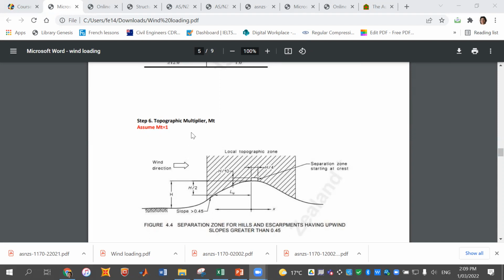So what I suggest is to just ignore the whole calculation and assume MT as 1. So it's a bonus. You don't need to worry about calculating the topographic multiplier.